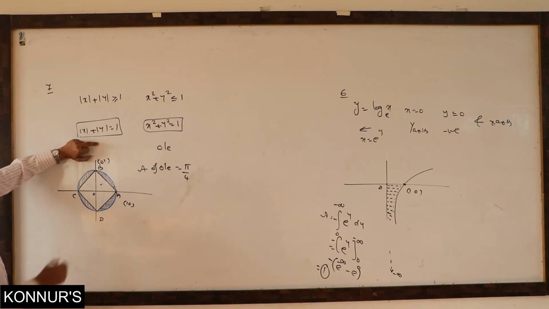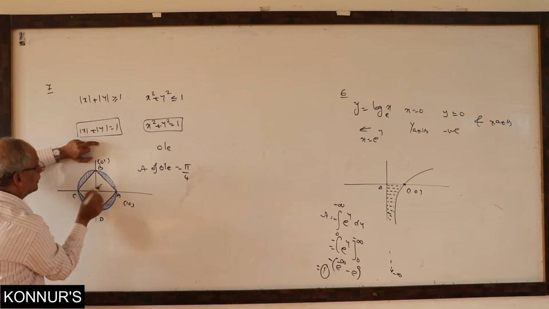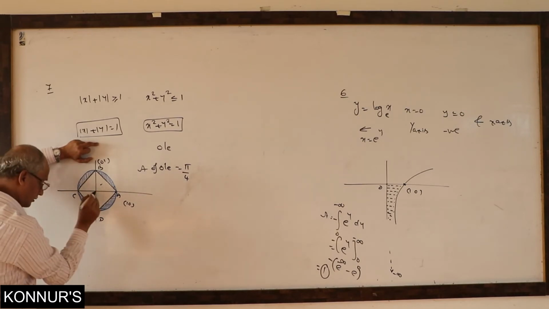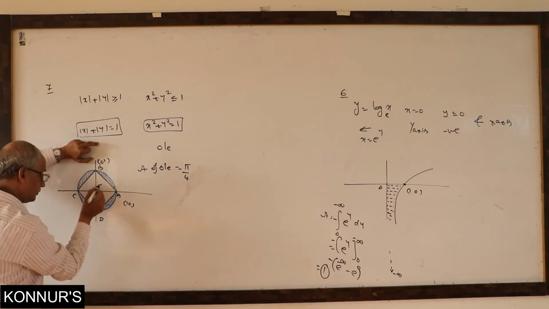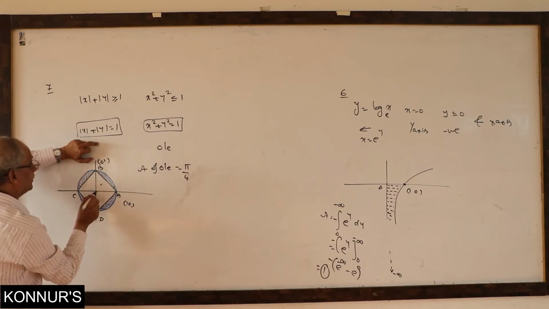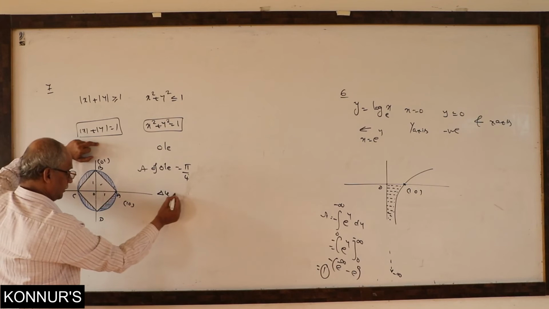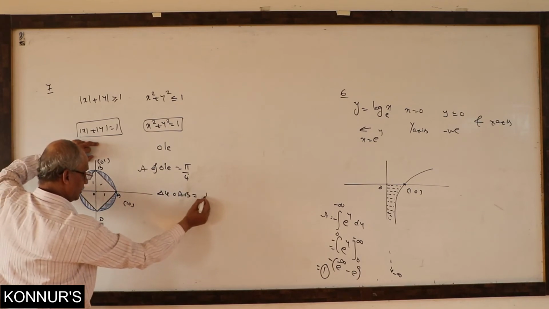When you want only this shaded one, we don't want the right angle triangle. So find the area of triangle OAB and remove it from the total. What is the area of OAB? Half into height into base. Therefore, the right angle triangle OAB is equal to half.